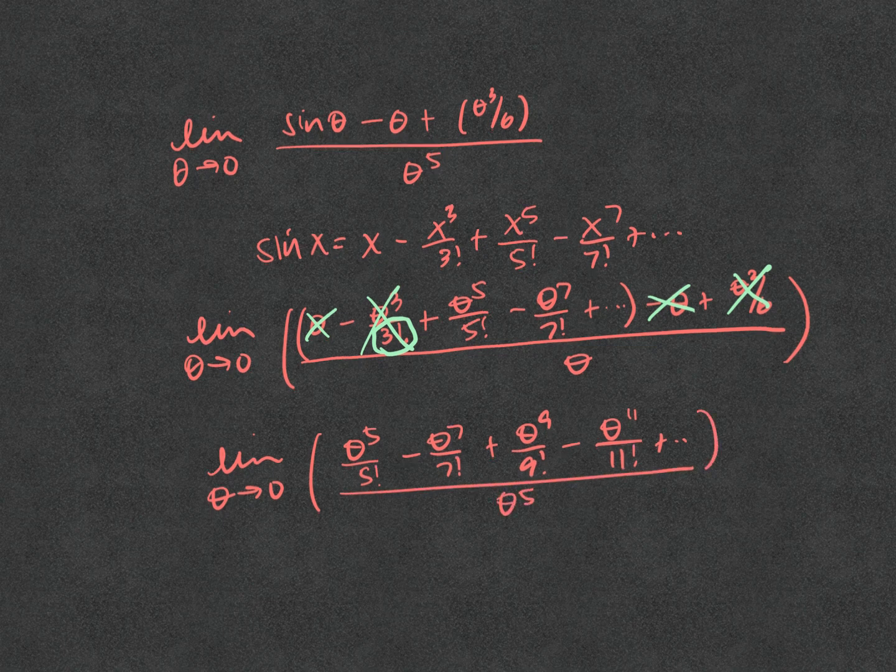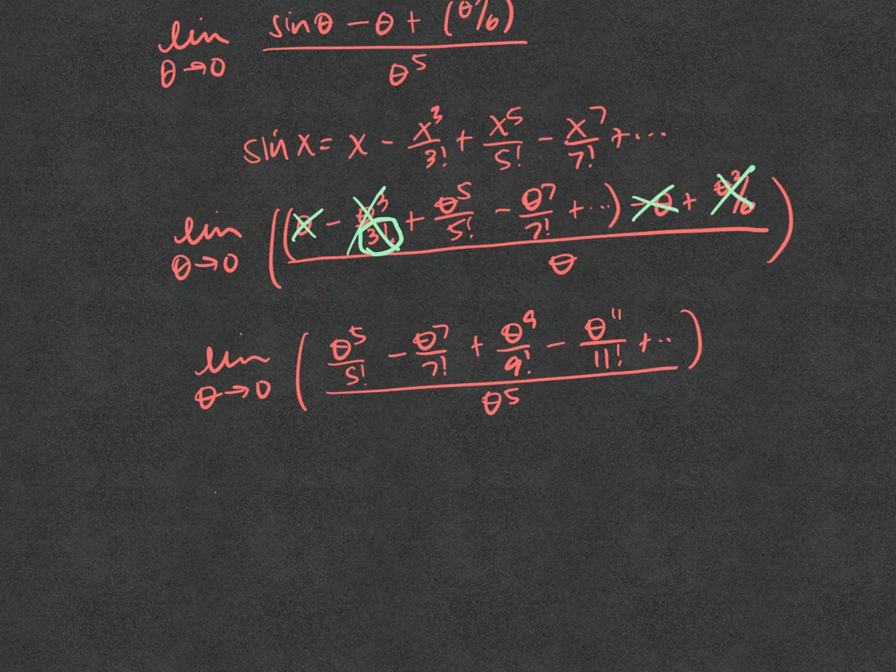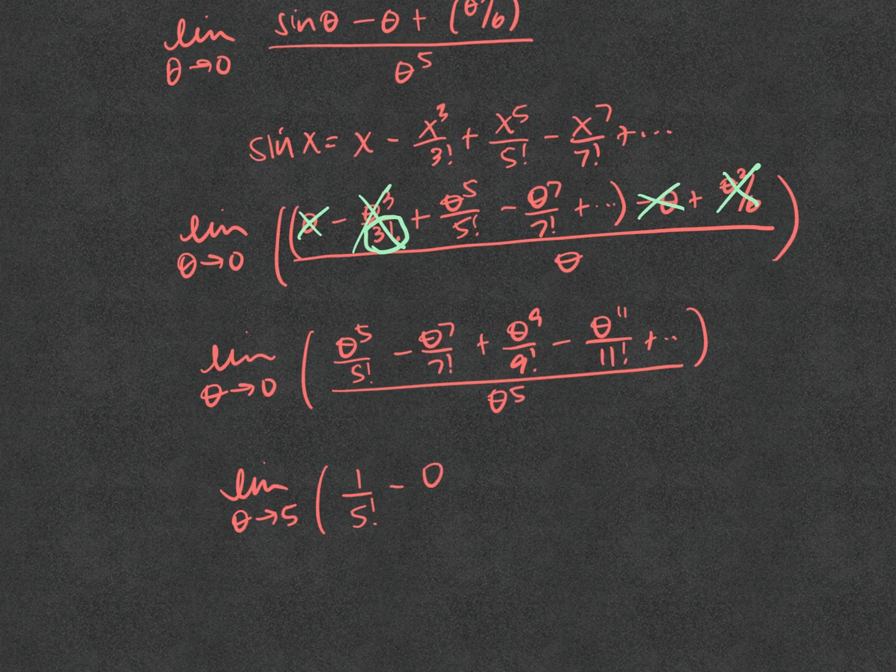Now you can see that the highest degree in the top is theta to the fifth. So let's go ahead and divide by theta to the fifth. So that means I have 1 over 5 factorial minus theta squared over 7 factorial plus theta to the fourth over 9 factorial minus theta to the sixth over 11 factorial plus dot, dot, dot.